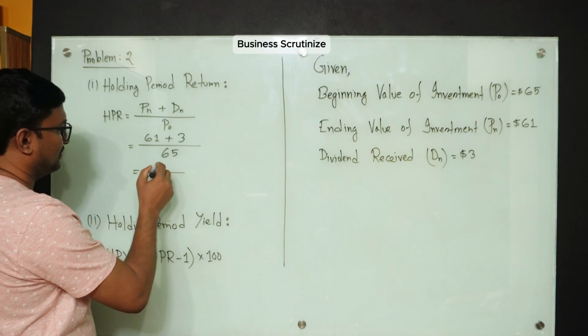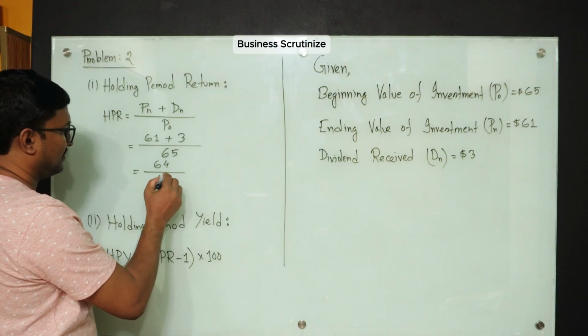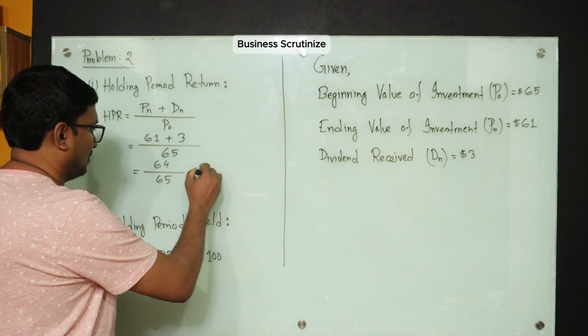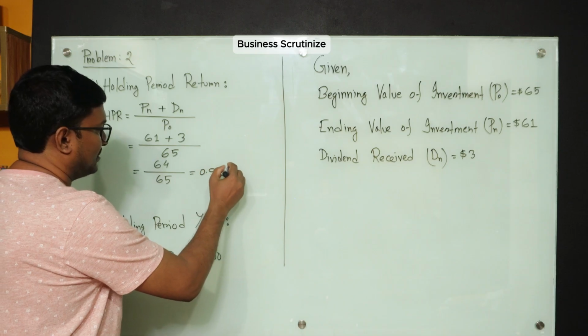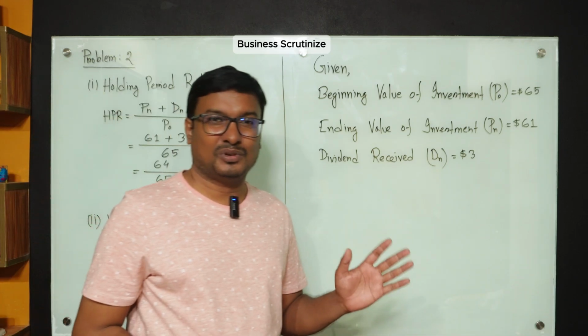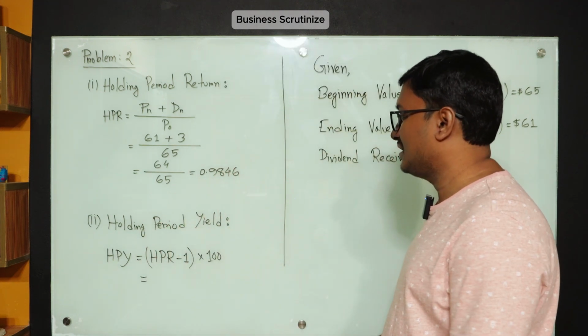Therefore it should be 64 by 65, which is 0.9846. So 0.9846 is the holding period return.